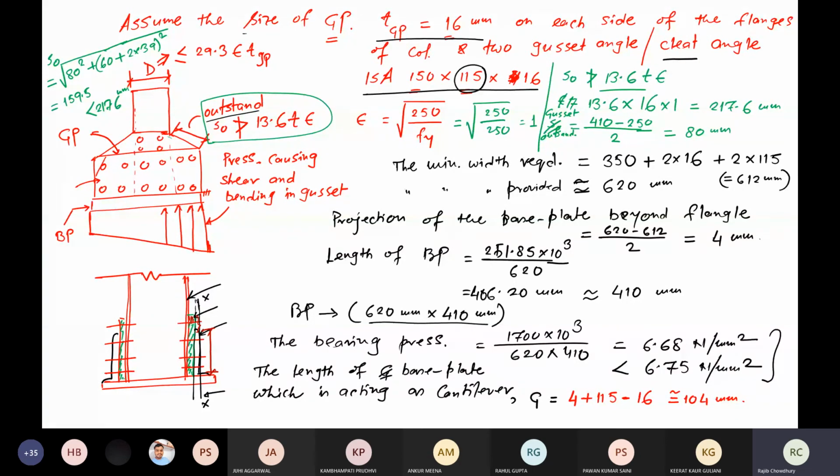I think now it ends. Yes, Rahul, now let's start. So for the bolts we placed, we calculated the bolted connection for bearing and single shear, but we have 8 bolts between the gusset plate and the connected leg.